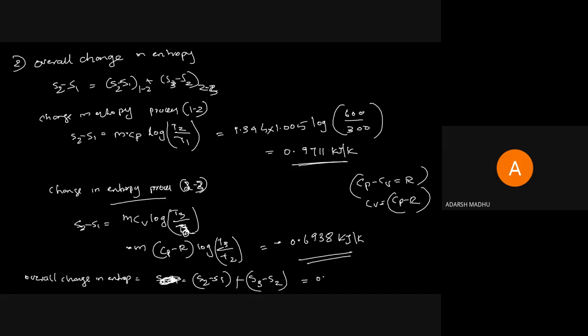That is 0.9711 plus minus 0.6938. The value will be 0.2833 kilojoule per Kelvin.